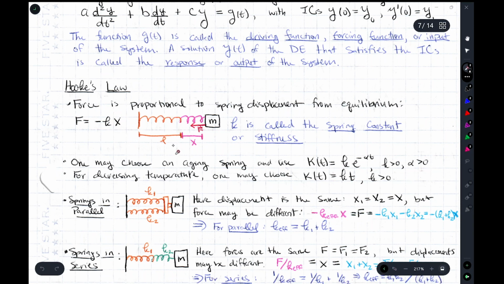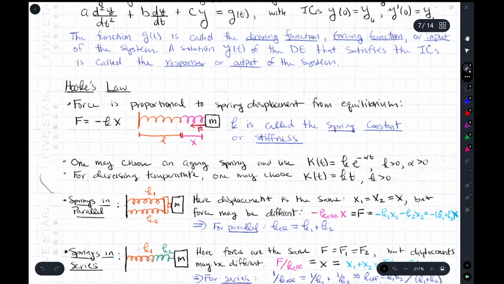That's important. So basically, when the distance from this wall to the mass is l, that's what we call x equal to 0. So x is extension or compression, elongation or compression from the equilibrium position of the spring.